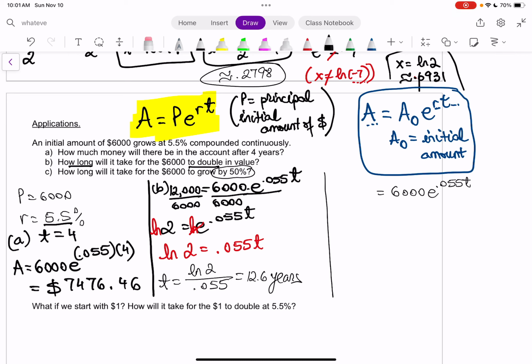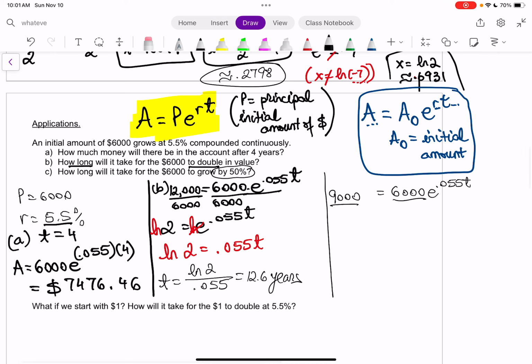In other words, half of 6,000 is 3,000. So you want to make it grow by 3,000. In other words, you want to get to $9,000. You're not losing your money, right? But you're adding to your 6,000 half of it, right? So you'll get to 9,000.